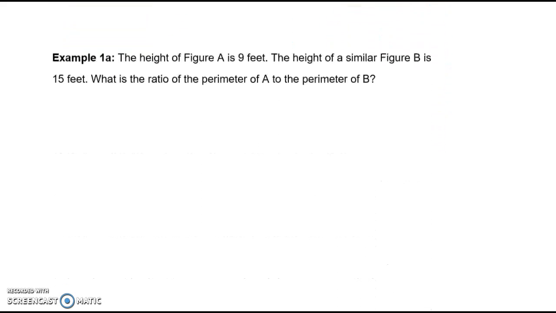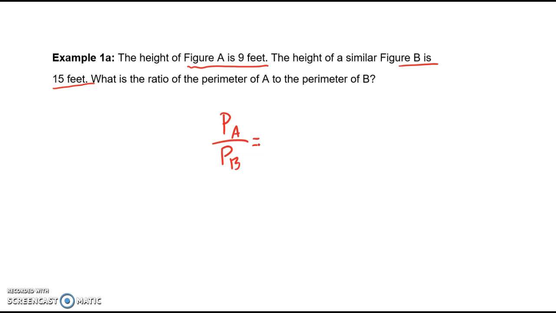Let's move on. So this one doesn't have a picture, but it says the height of figure A is 9 feet. The height of a similar figure B is 15. So remember, similar means same shape but different size. What is the ratio of the perimeter of A to the perimeter of B?